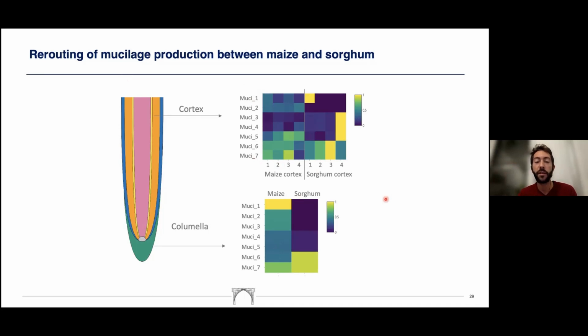And actually, in a quite old paper from the 1970s, they were already noticing that sorghum is able to secrete mucilage-like compound throughout the epidermis at a higher level, and it wasn't possible in maize, where the mucilage was mostly localized in columella or produced by columella. So we are currently working on that and trying to prove that in different ways. And it's still a work in progress.